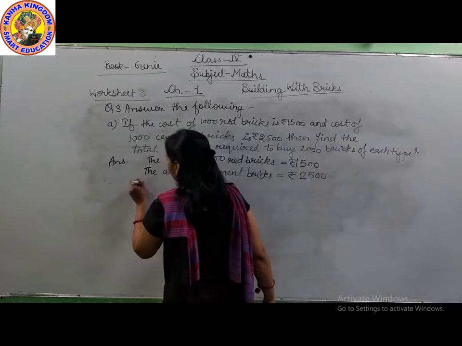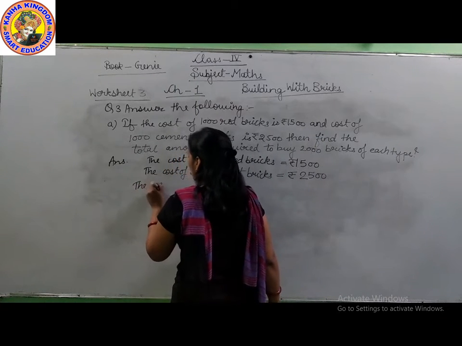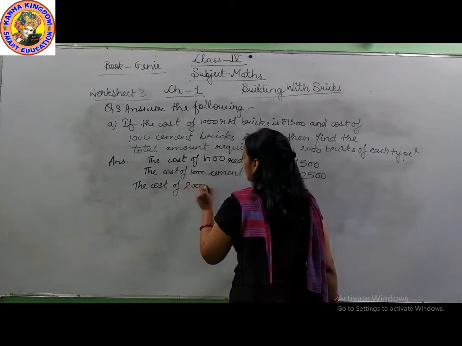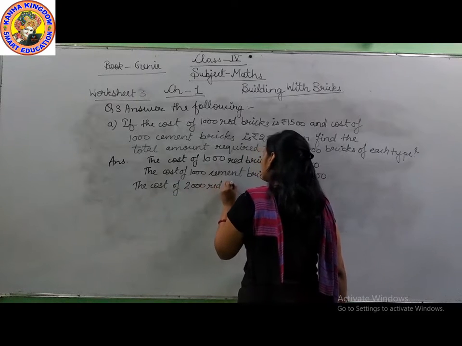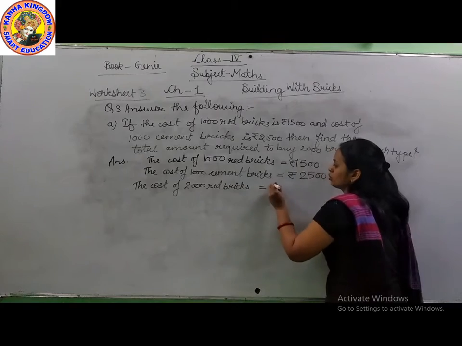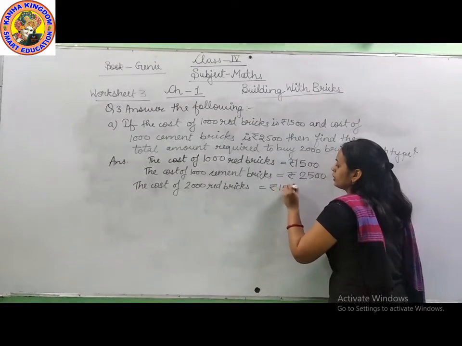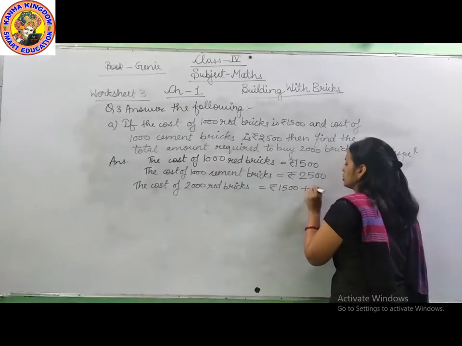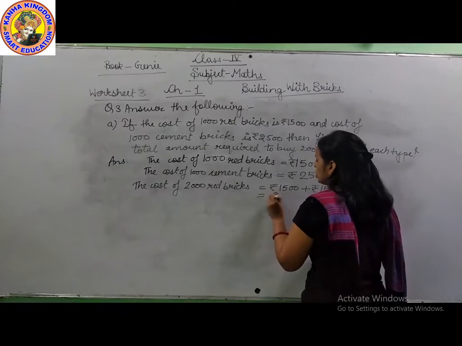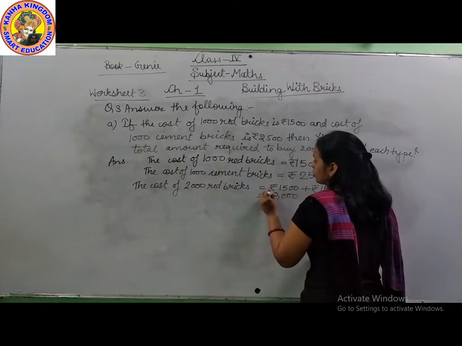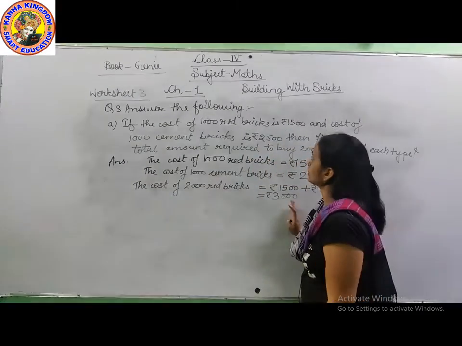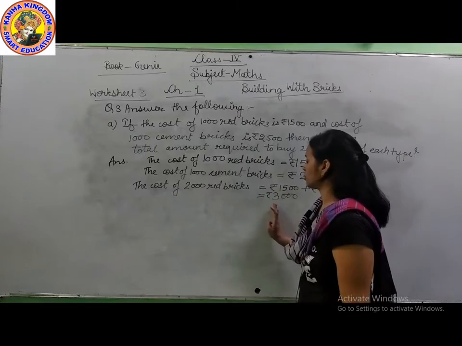So now the cost of 2000 red bricks equals rupees 1500 plus 1500 equals 3000.